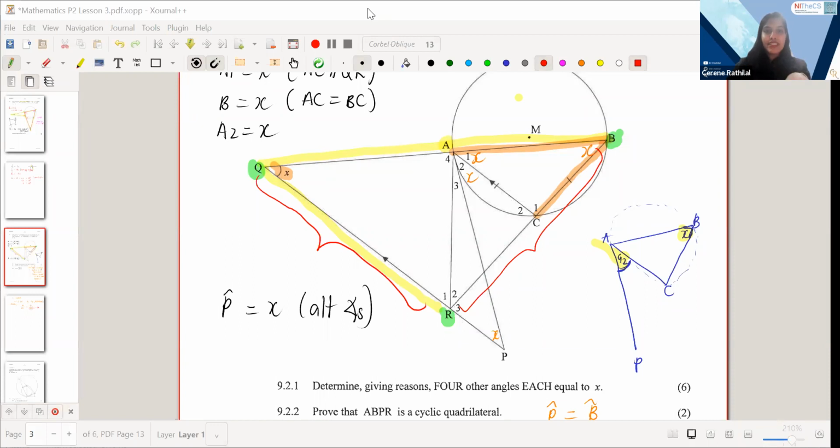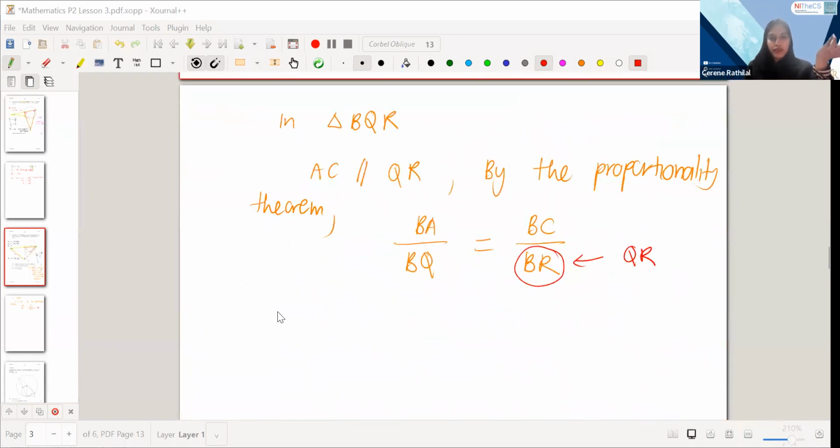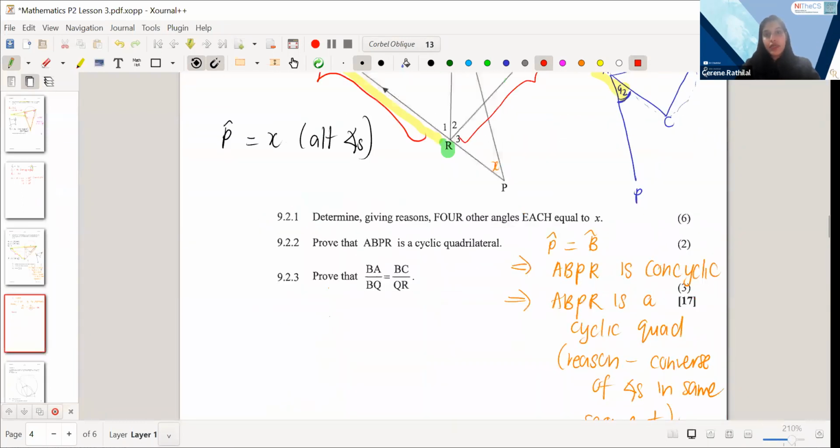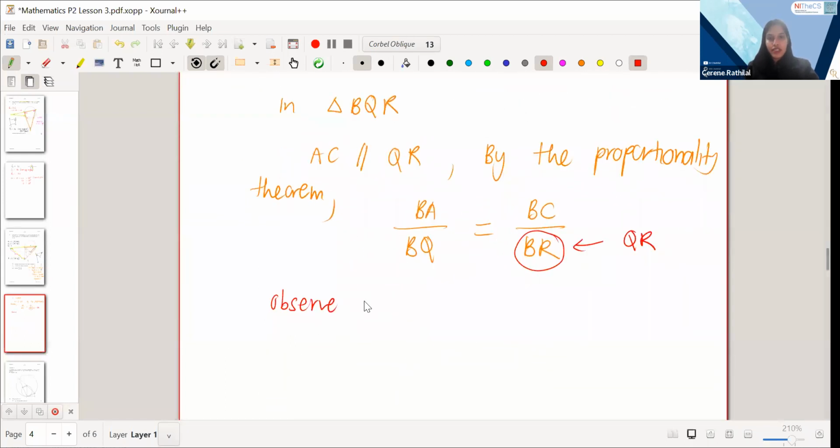Triangle is an isosceles. Wonderful. Yes. Observe that angle Q is equal to angle B. So once again, these two sides must be equal. Let's make a note. Observe that triangle BQR is isosceles.